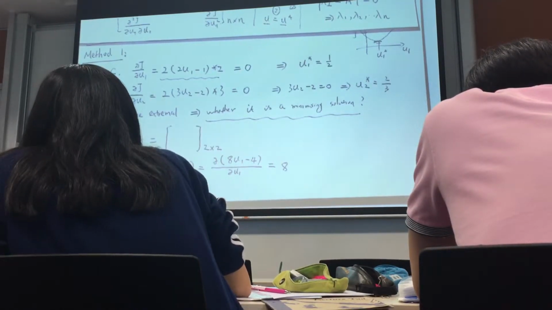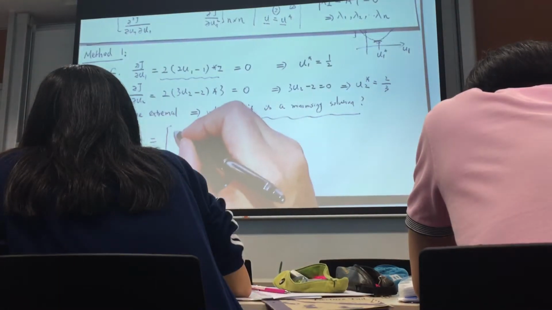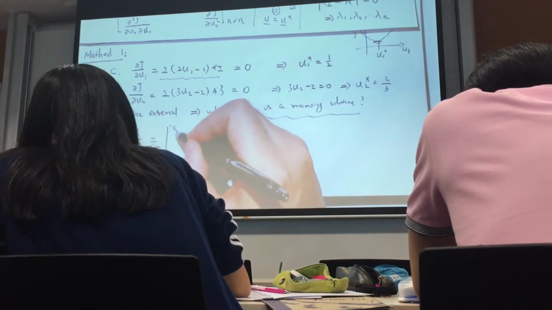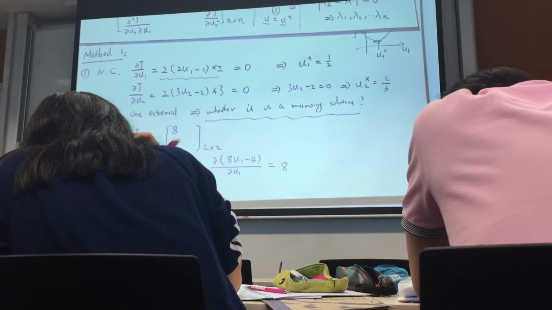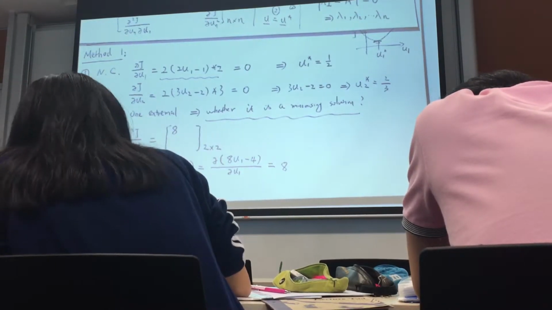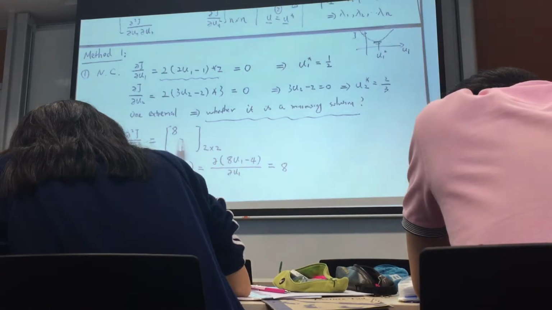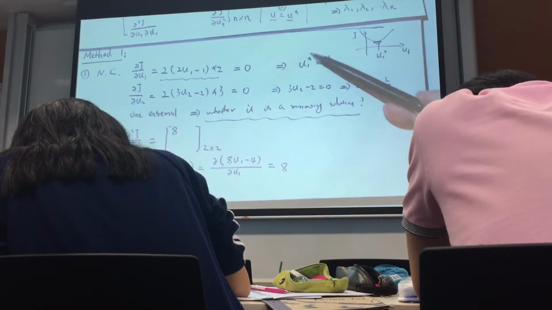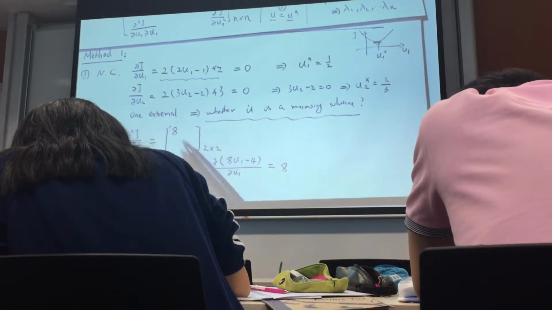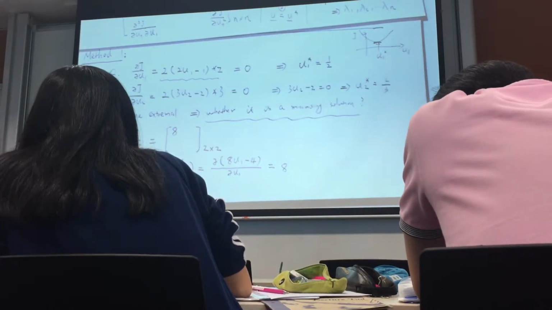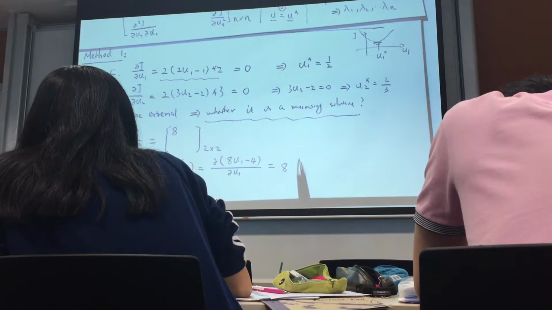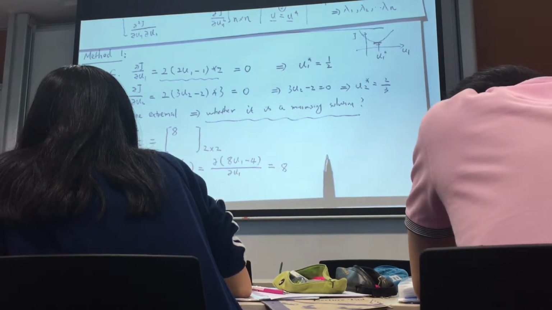So this is the first component. You put the first component here. And here we are not evaluating this one at the u star, because this second derivative will become a constant. There is no u1 and u2 here.